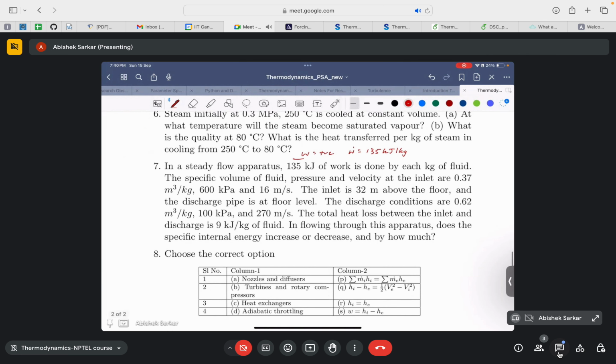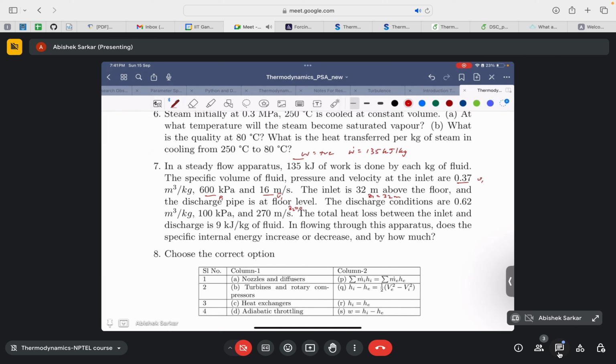The specific volume of fluid, pressure and velocity at the inlet are: this is small v1, this is p1, this is capital V1, the velocity. The inlet is 32 meter above the floor, so Z1 is 32 meter, and the discharge of the pipe is at floor level, so Z2 is 0.